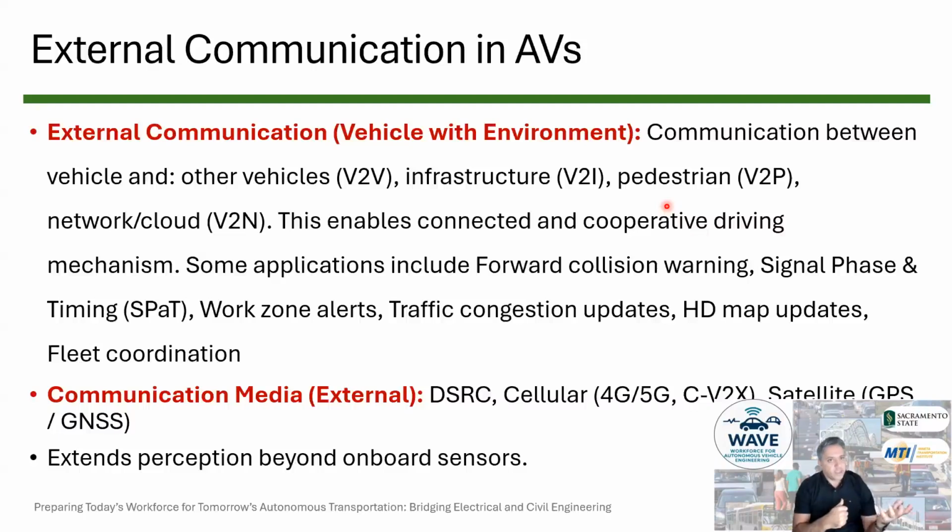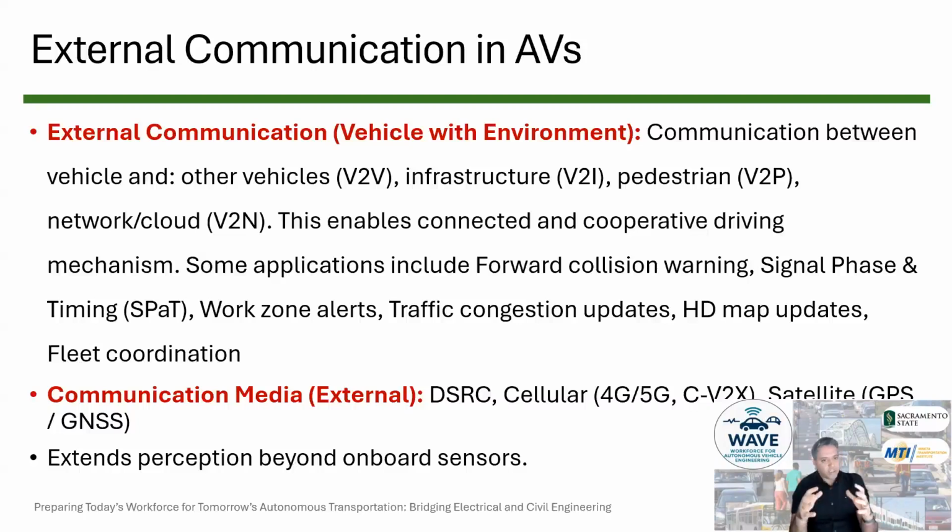The communication media in external communication are DSRC, cellular, and satellite, which is mainly for GPS. And it actually helps, because the sensors give some information about what is going on inside the system and around the vehicle, like the camera covering certain areas around the vehicle.